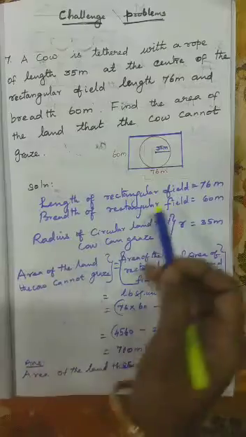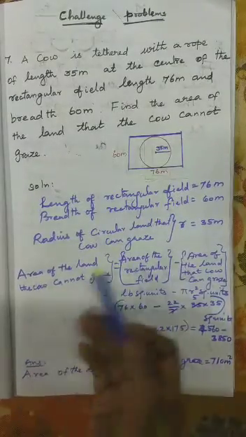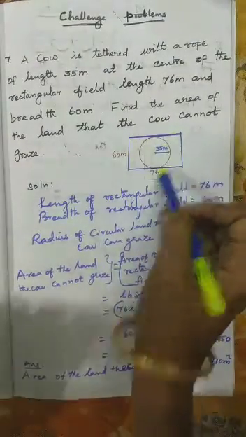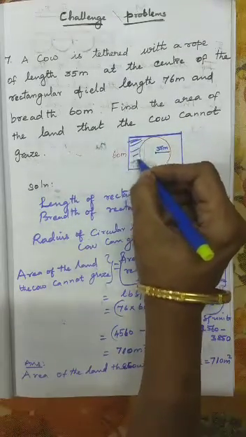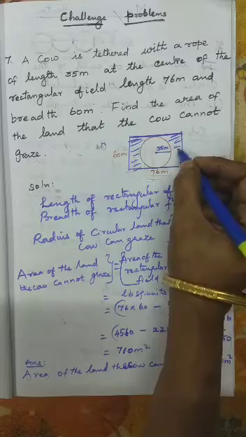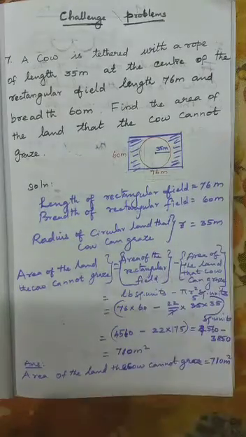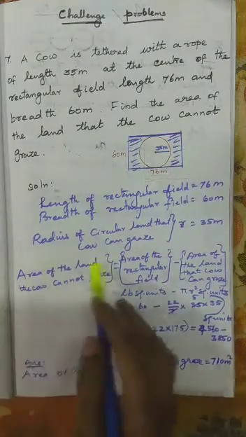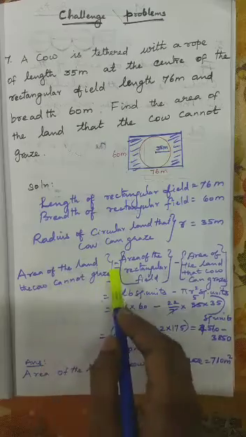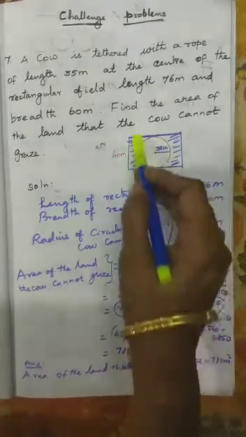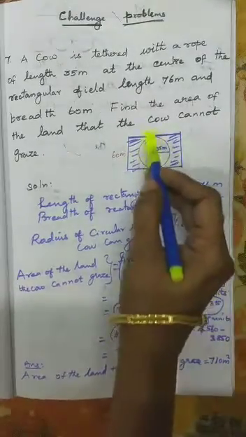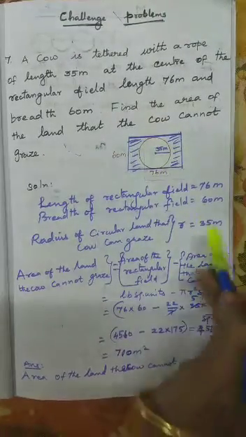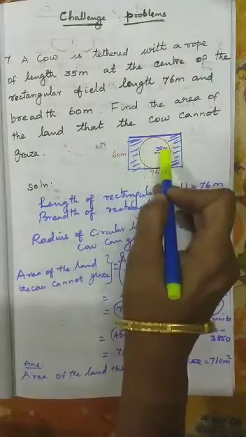Okay, now we have to find the area that the cow cannot graze. This is the area the cow cannot graze. Area of the land that the cow cannot graze is equal to area of the rectangular field, the full rectangle, minus area of the land that the cow can graze.